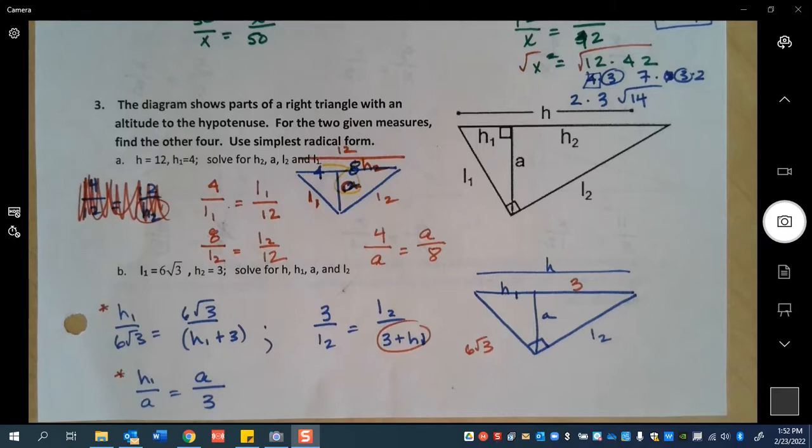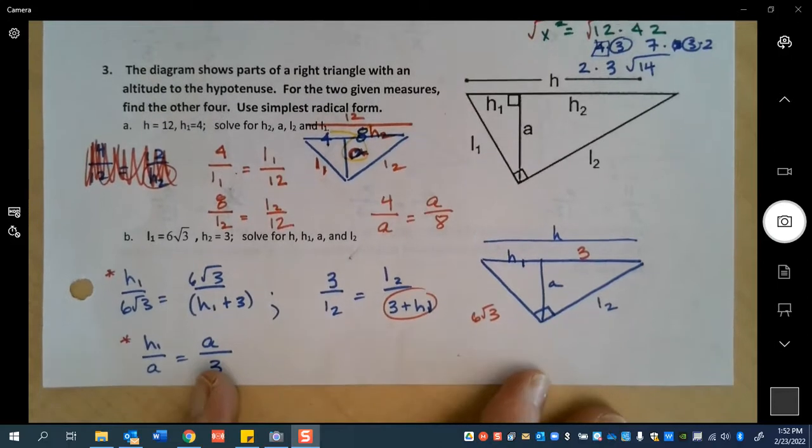This second leg is the geometric mean between the piece that is touching and the whole. That's where my 12 and 8 come from. And then this altitude A is going to be the geometric mean between those two pieces of the hypotenuse, H1 and H2, 4 and 8. So hopefully with those proportions, you can go back and solve to find those answers.